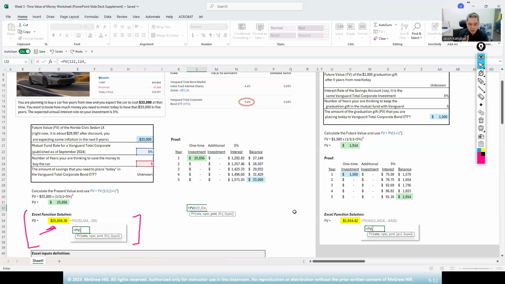Then I'm going to skip the payment because I don't have a payment. I'm going to skip one more time because now it's asking for the future value, but I'm going to enter negative 33,000. I'm going to skip the type. There are two types of payment: annuity, ordinary annuity, and annuity due.